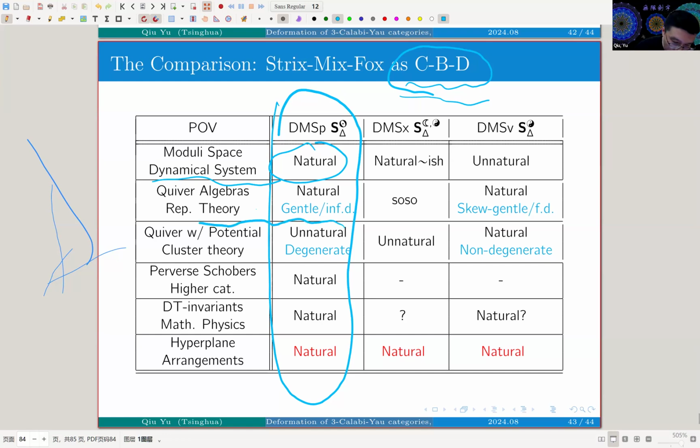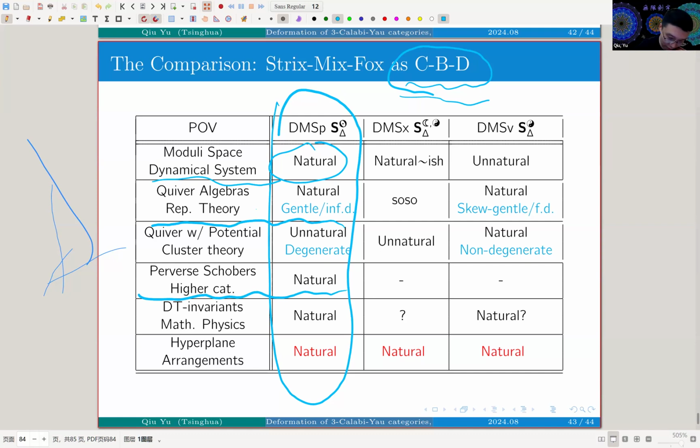And from the representation point of view, it is gentle, although usually it's infinite dimensional, the Jacobi algebra I'm talking about. It's also very nice because in joint work with Moni and Fabian, we can use Professor Schobers' approach to describe the whole category. So we can understand more or less everything about this 3-Calabi-Yau category.